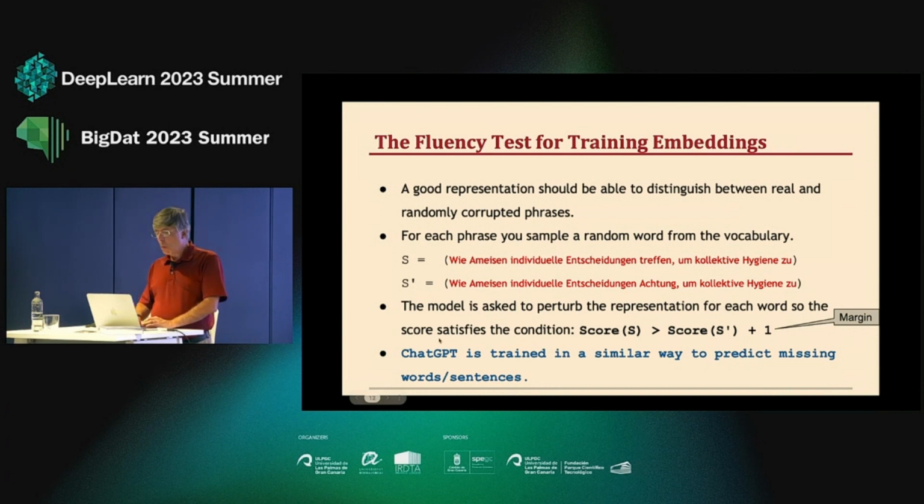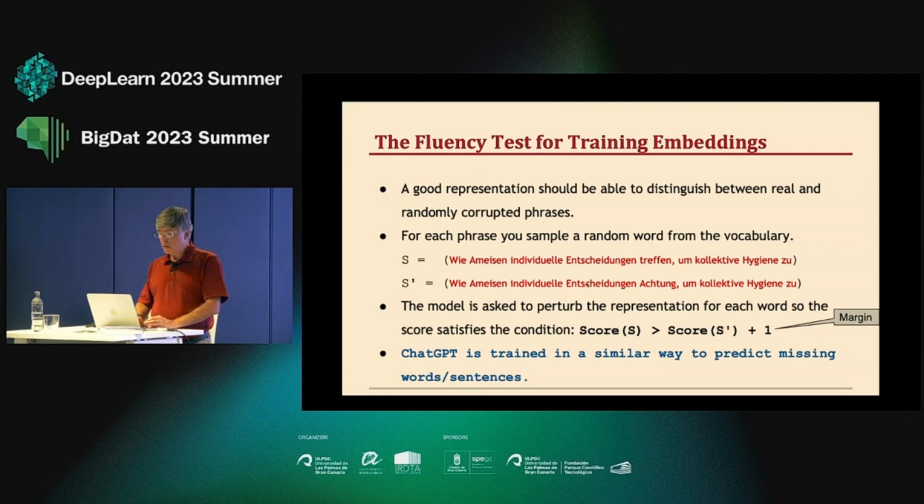One way to build these vectors, or a vector would be useful, is if you could use them to tell the difference between real phrases and what I'm going to call corrupted phrases. It's easy to get text from the web that is intended to communicate with people, is properly written text.